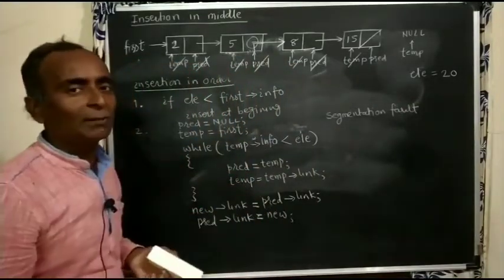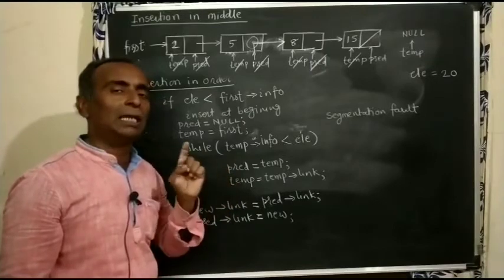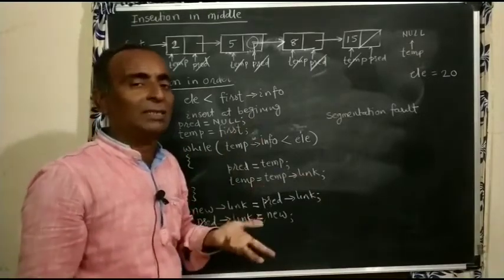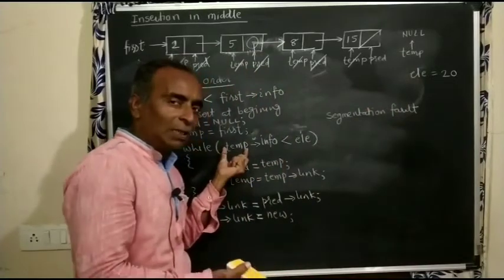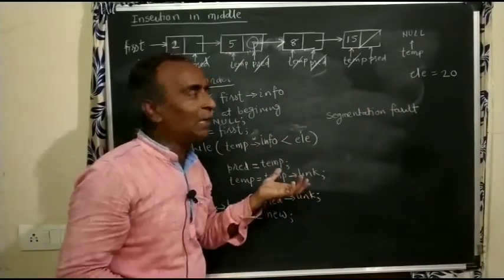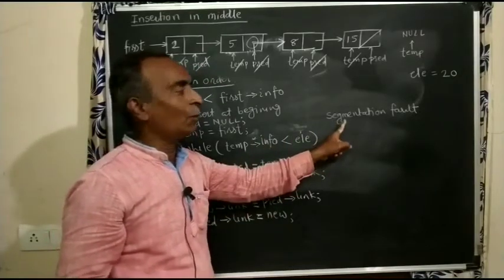Whenever segmentation fault comes, that means you are accessing something which is not existing. Temp pointing to null means node does not exist, and that's info field you are accessing in this case. Right? So segmentation fault will come.